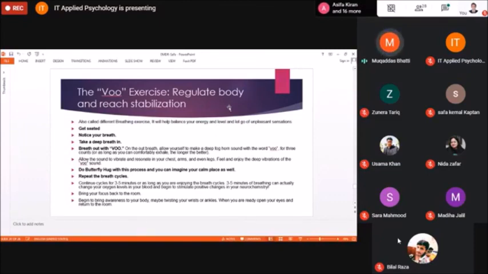When we take a slow breath in through the nose and exhale out through our mouth, we are stimulating both the sympathetic and parasympathetic nervous system. That's why breathing is one of the elements of these exercises, and it can give your brain and your body a much needed break. Next slide, please.